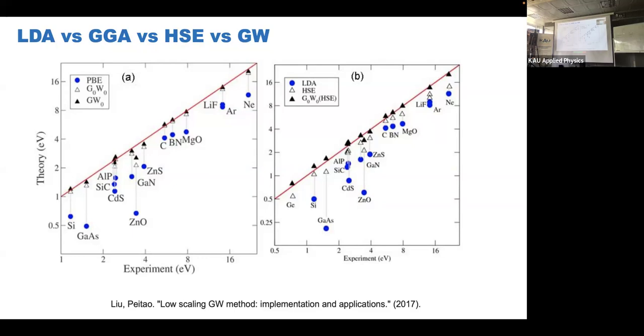I have one remark to add. I just saw zinc oxide in this picture. I was actually able to almost reproduce the experimental band gap of zinc oxide by artificially tuning the Hubbard parameters of zinc 3d orbitals, but also oxygen 2p orbitals. It was not my idea.